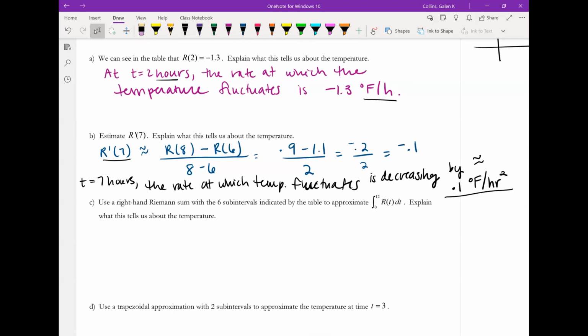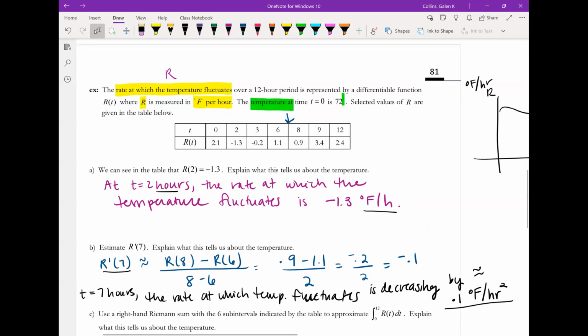Okay, in part C, we're asked to use a right-hand Riemann sum with 6 subintervals indicated by the table to approximate this definite integral. So if I go up to my table, my subintervals indicated by the table, I just use the data in the table.